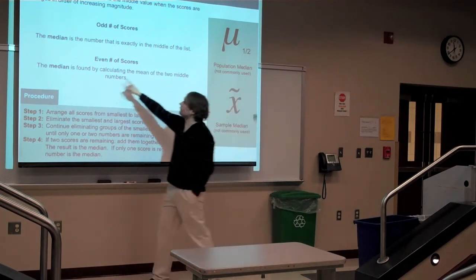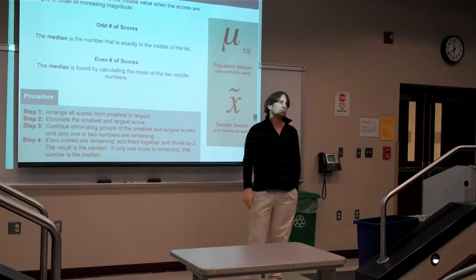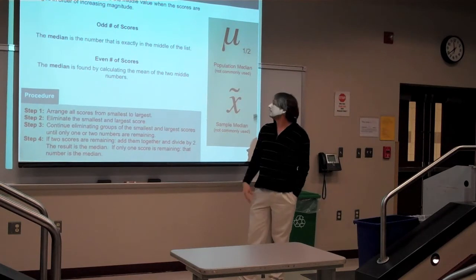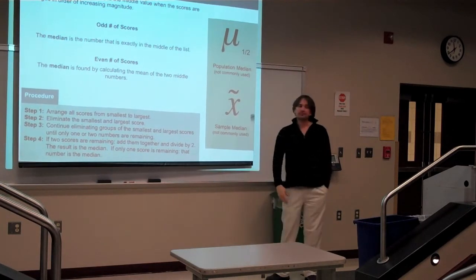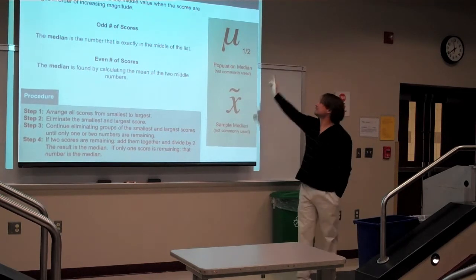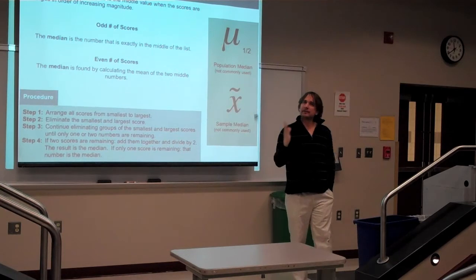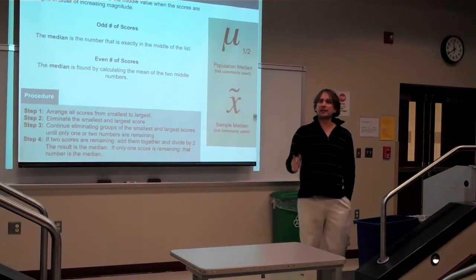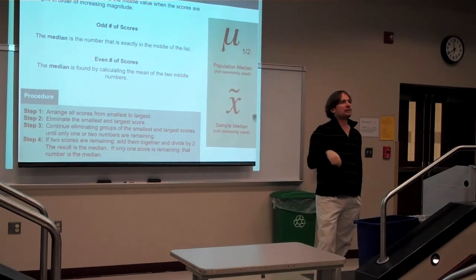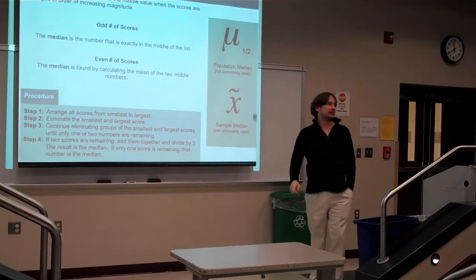So if there's an even number of scores, the median is found by calculating the mean of the 2 middle numbers. Now, symbols. I have never, ever seen this out in the real world. I've seen it in college, graduate school, all that stuff, that the population median is mu sub 1/2.